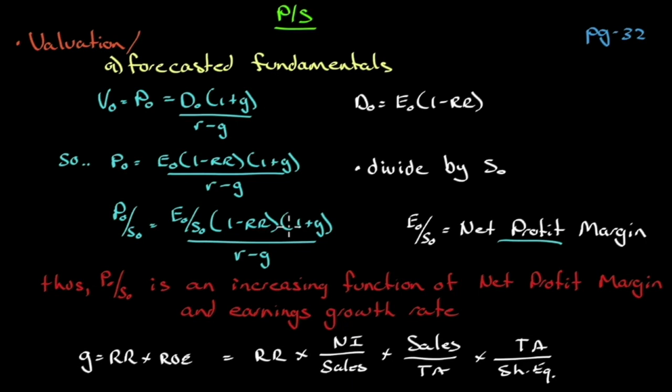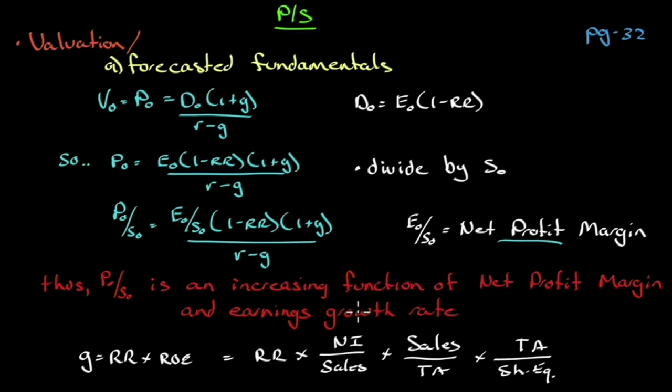If we see two companies with the same price to sales ratio, do we say that they're both fairly priced relative to each other? Again, we can't say that. Why? Because the price to sales ratio is justified fundamentally by these variables. It is an increasing function of the net profit margin and the earnings growth rate.